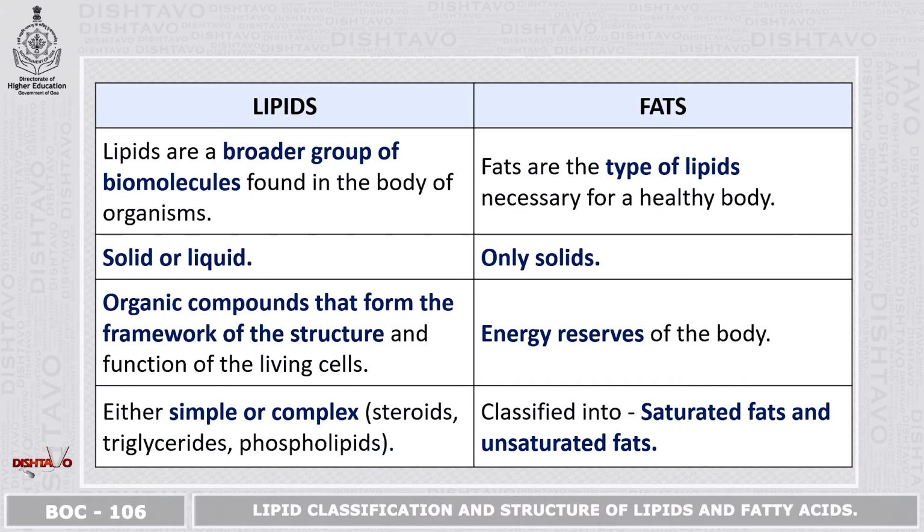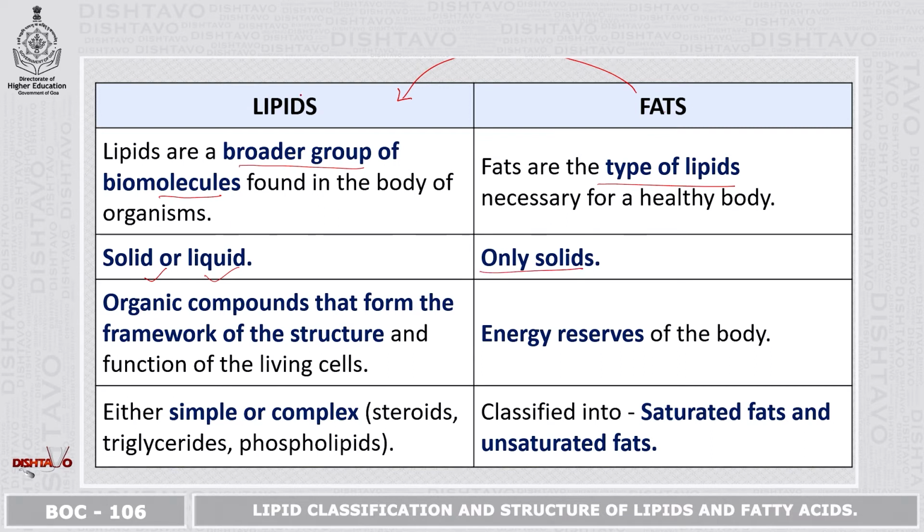Now let us quickly see the difference between lipids and fats. Lipids are the broader group of biomolecules found in the body of an organism, whereas fats are a type of lipid. Lipids could be solid or liquid, whereas all fats are solids only.